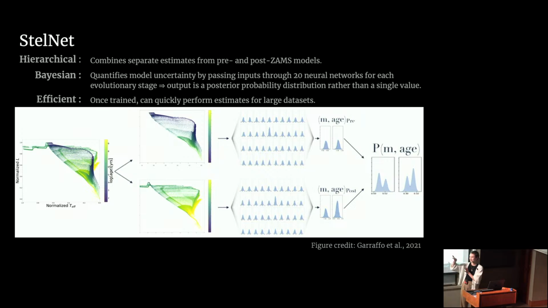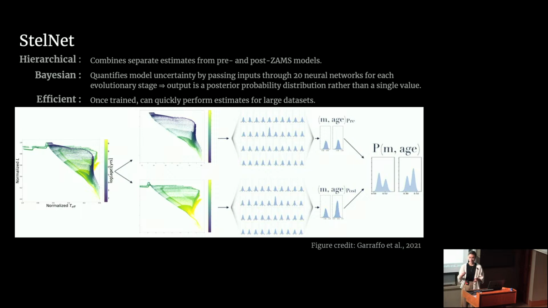Between those 2 times are where most of the degeneracies arise. Then, once it makes an estimate with each of those separate models, it can hierarchically combine them into one estimate based on the relative probabilities of observing stars of each predicted age and mass.